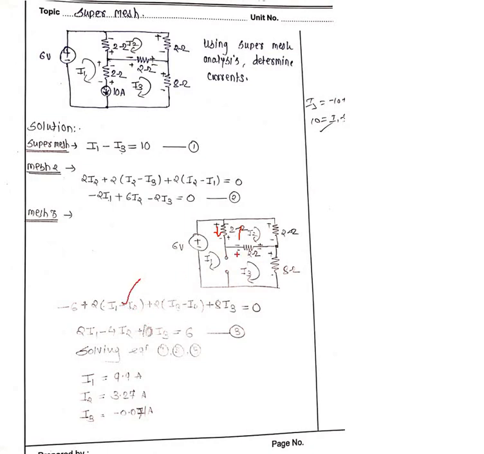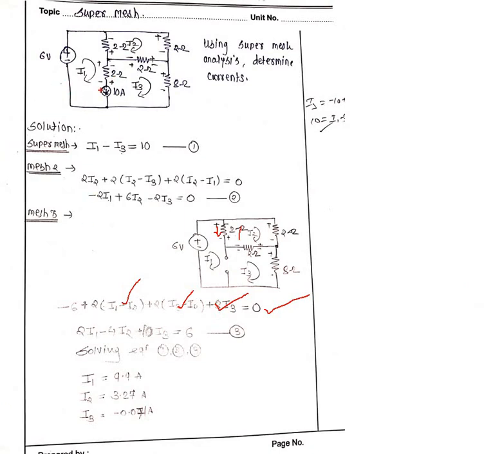Coming to here, the rolling part is I3, so 2 into I3 minus I2, plus 8 into I3 only. It is equal to 0. That's all. This is about the super mesh.